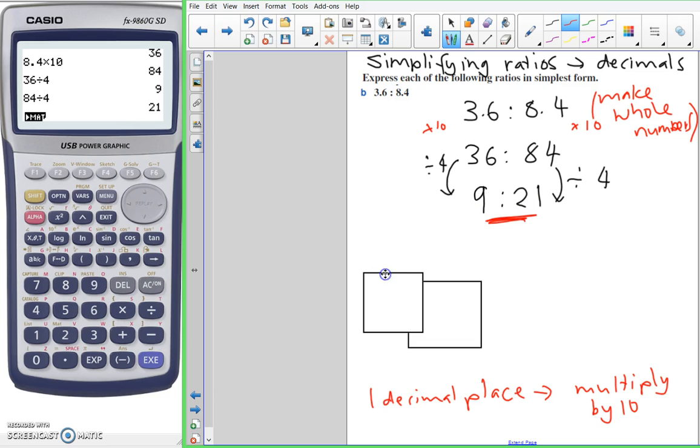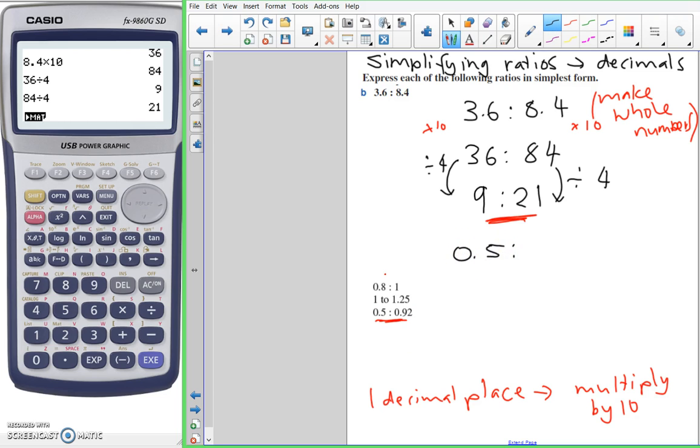Okay, have a look at another couple of what we've got just here. So we've got one here that I want to have a look at, which is this one down the bottom. So you've got 0.5 in comparison to 0.92. Now, as you can see, we've got one decimal place here, but this one we've got 2.